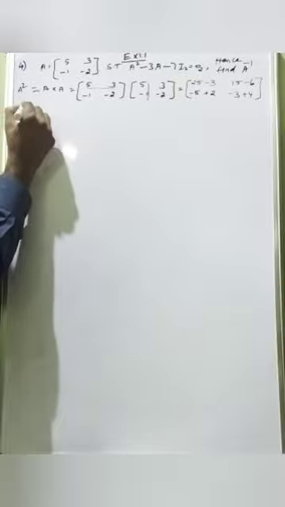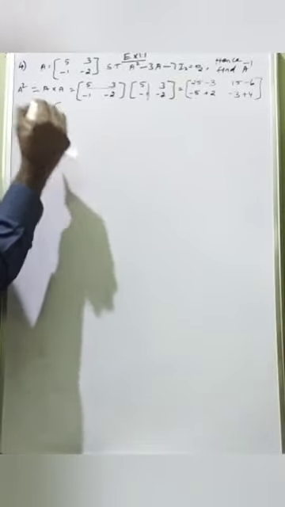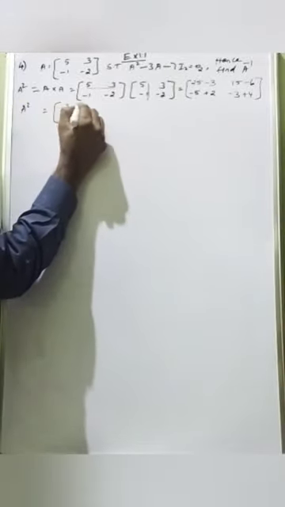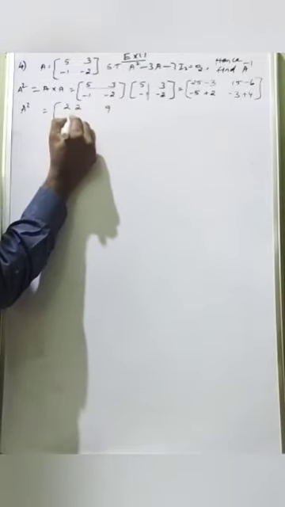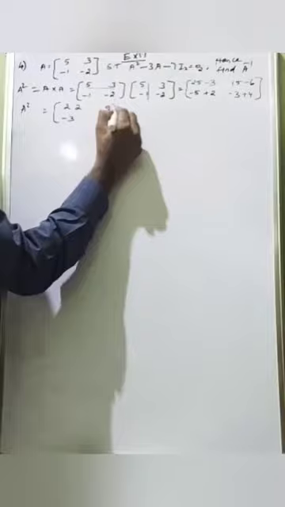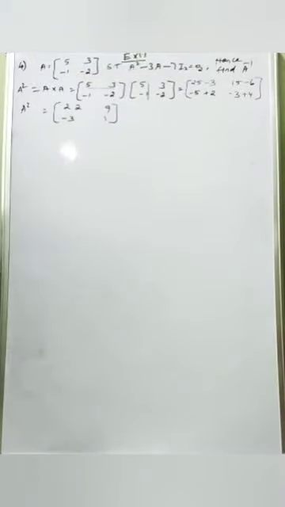Now see the answer, A square: 22, then 9, minus 3, 1. We get A square.